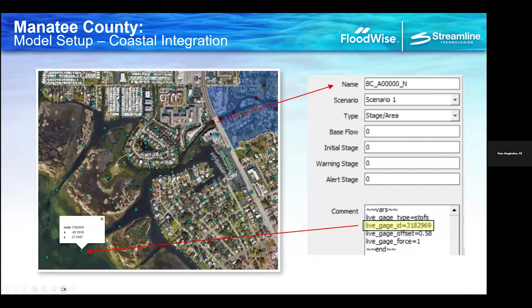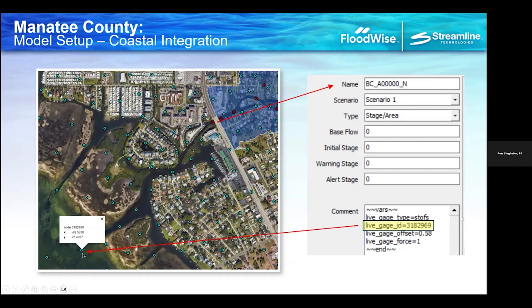And the way we do this is, let's say that this red point right here is the end of the Stormwise model, the end of the ICPR model. In there, we put in some variables in the comment field, and we tell it to get the NOAA data from this point.